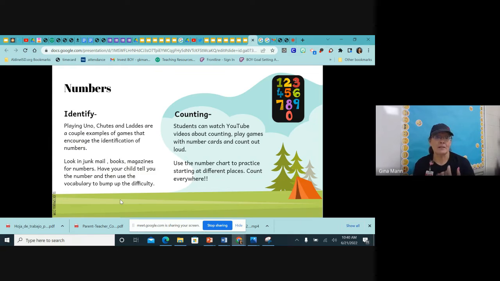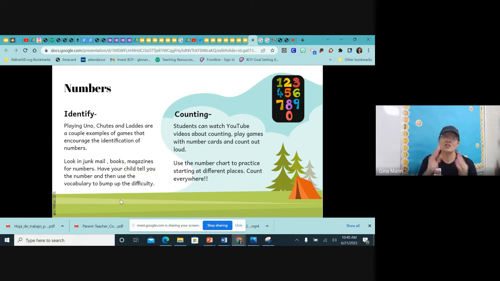Look in junk mail, books, magazines for numbers. Have your child tell you the number. Then use the vocabulary to bump it up. And I mean like more than, less than, greater than, fewer. Use those words that we just talked about in the last slide. And that can help them identify the numbers, but also make it a little harder.